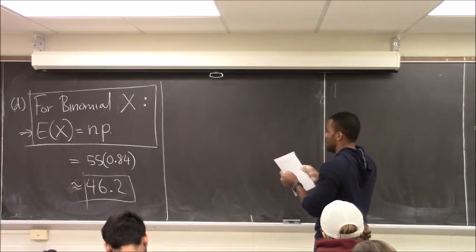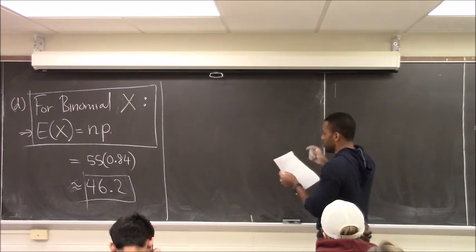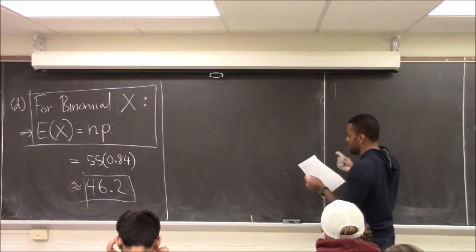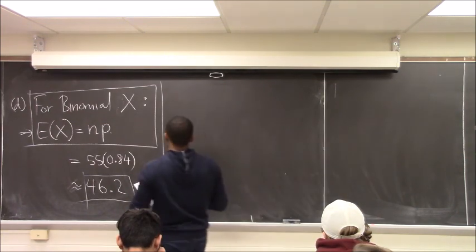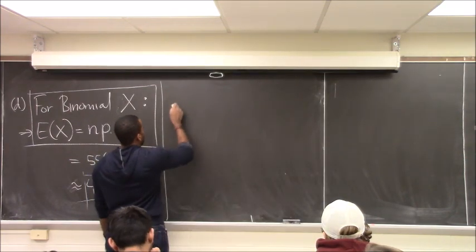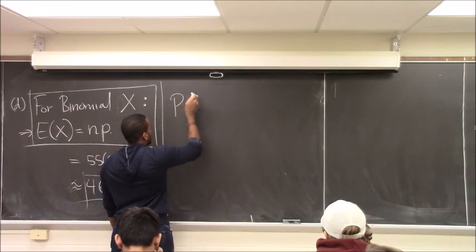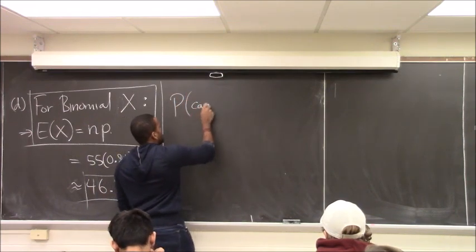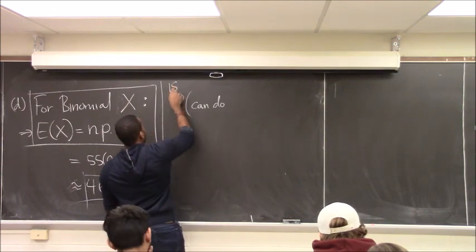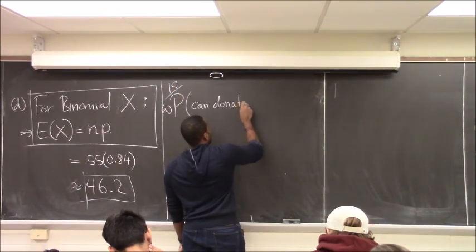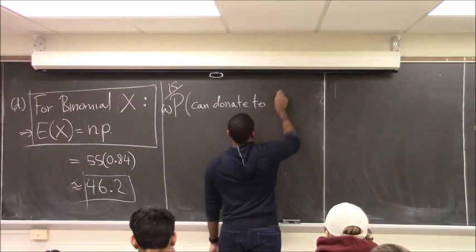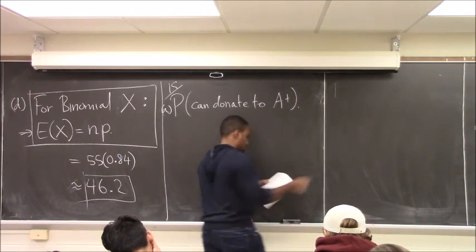So what is the probability that a random person can donate blood to a person with blood type A positive? That's what we want. The probability of can donate to A positive.